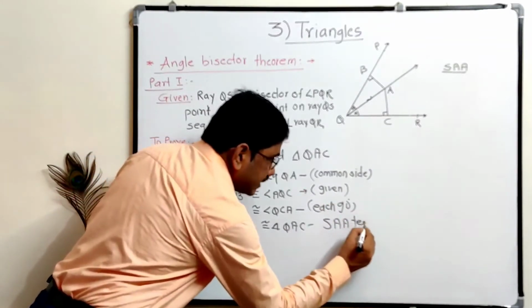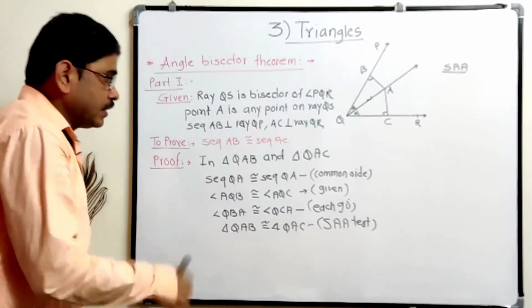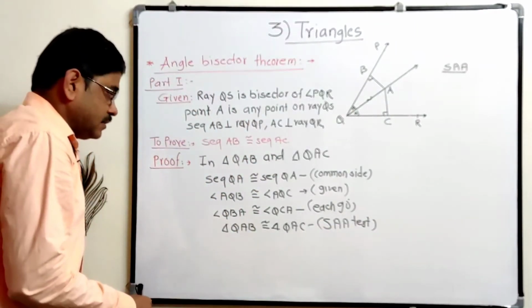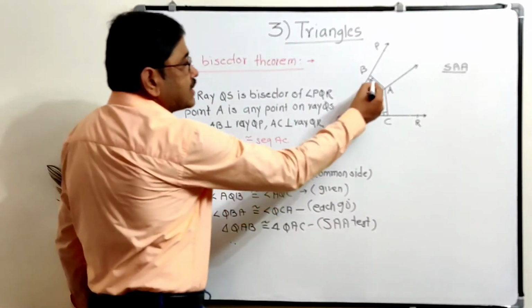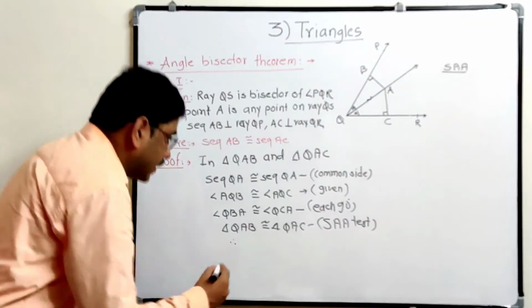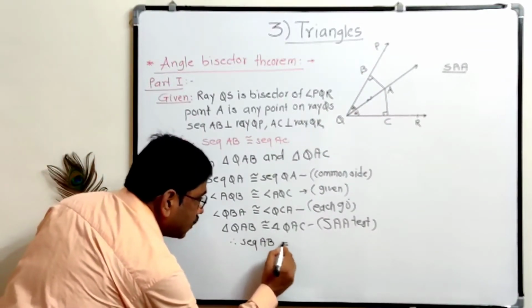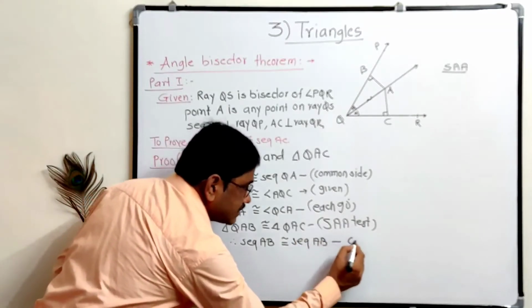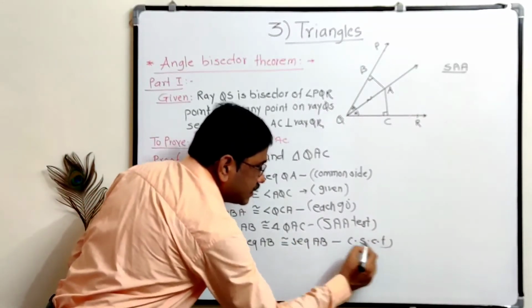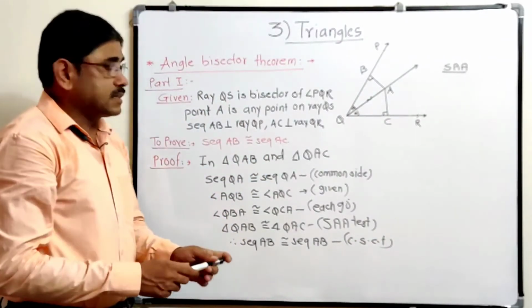This is not given in your textbook, but we studied it in 8th standard. Therefore, when two triangles are congruent, their corresponding sides AB and AC are congruent. Segment AB is congruent to segment AC because these are corresponding sides of congruent triangles. So in this way, we can prove this angle bisector theorem.